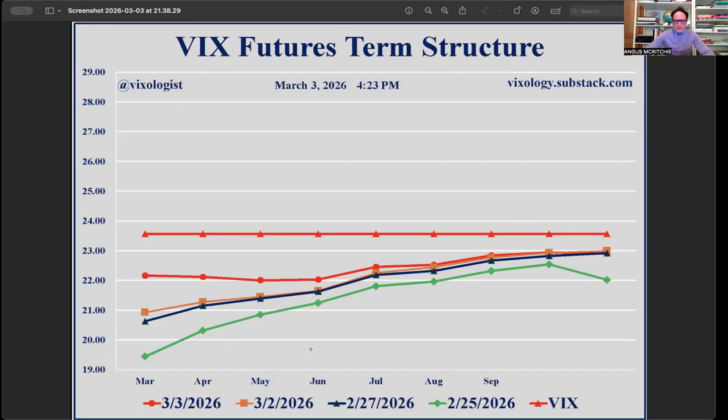So just going back a little bit, you can see how this futures curve for the VIX futures has changed. If we go to the green one, which is essentially the end of February, so not that long ago, like a week ago, on the 27th of February, and then the orange one is the second, and then yesterday is the third. So what you can see is that the spot VIX is above all of that, so it represents an elevated value.